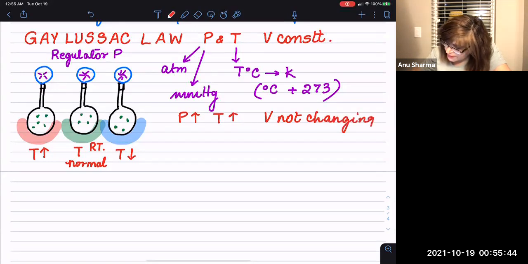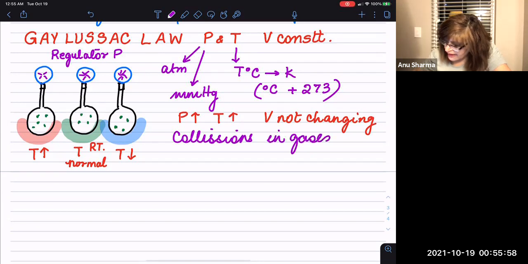As the temperature increases, the gases begin to collide against the walls of the container. So the collisions in the gases increase, which means the kinetic energy increases, and the motion of the particles increases.